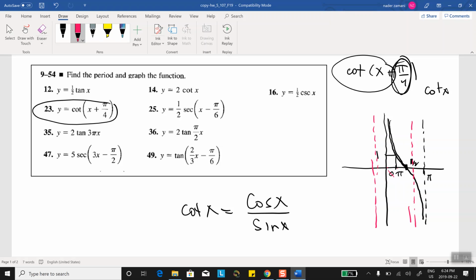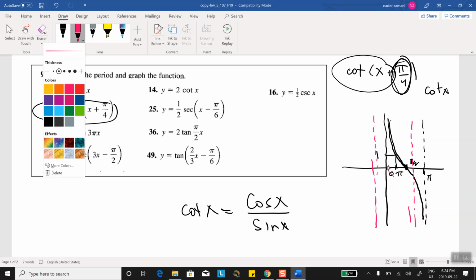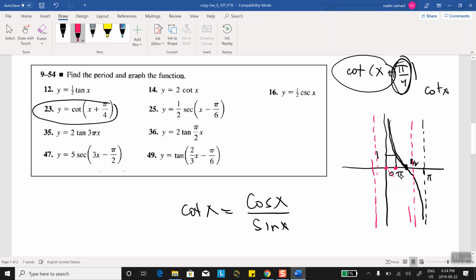Let's try it again. Everything, the length that you see here, from here to there, it's pi over 4. Okay? So that point goes here. This one goes there. So the curve comes down. It passes through this point.